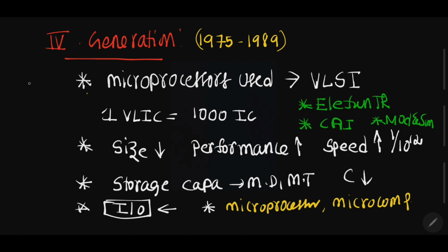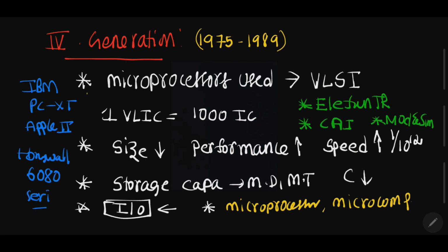So here IBM PC XT, Apple II, Honeywell 6080, everything comes under fourth generation computers. Okay, so fourth generation computers are much better than third generation computers, right?